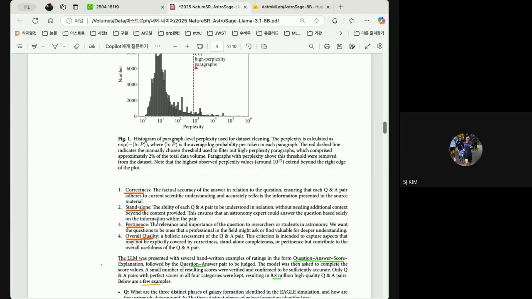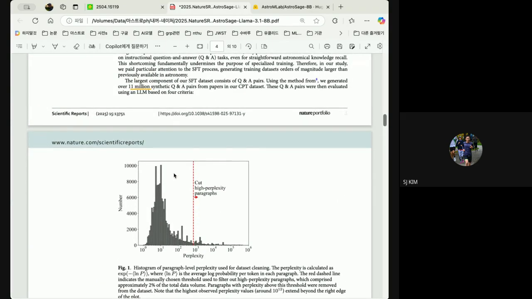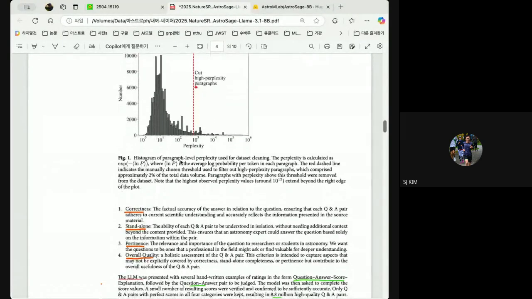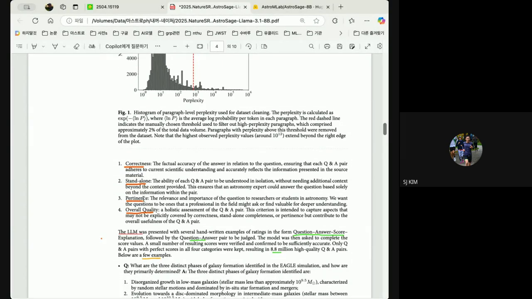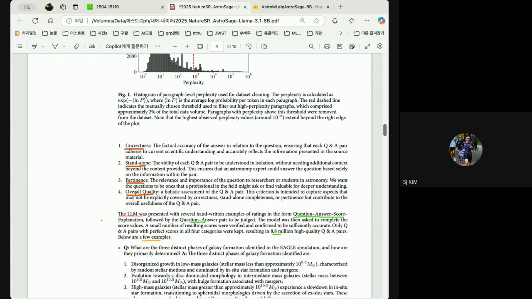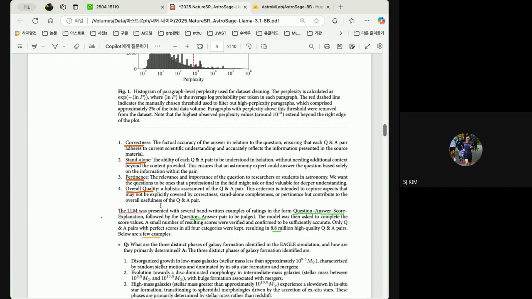They created Q&A pairs from the data, 11 million synthetic Q&A pairs. Then they checked if they are correct, and also if each pair is understandable without any additional external context. They checked if the question is important and valuable for deeper understanding, and then did overall quality checks.